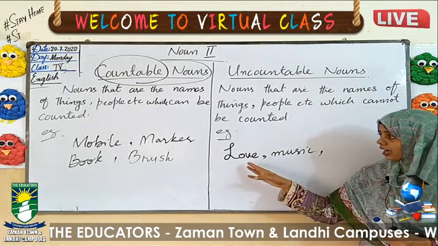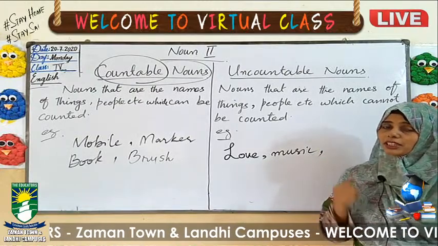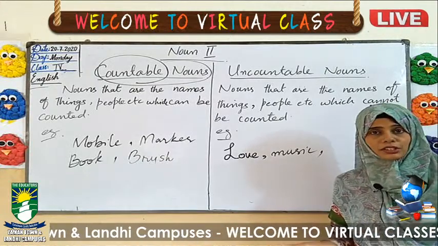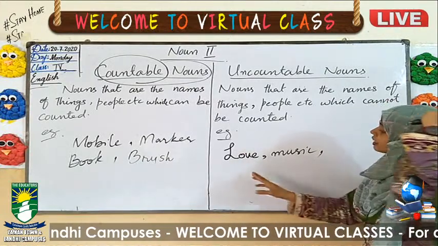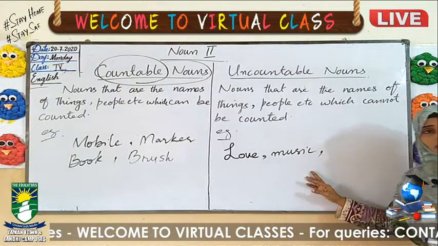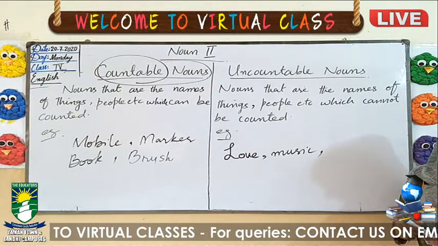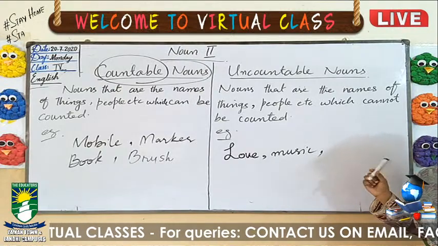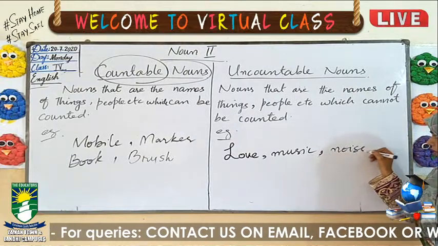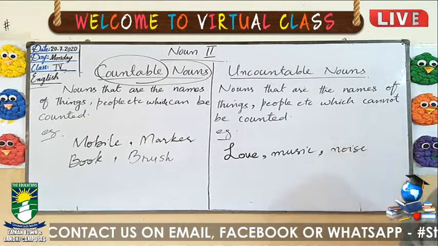Well, I am writing here some words and you have to write in your comments those things' names which you cannot count. Just like I have written love, we cannot count the love. I have written music. Can you count the music? No. Well, if I talk about noise, can you count the noise? No, we cannot count it.